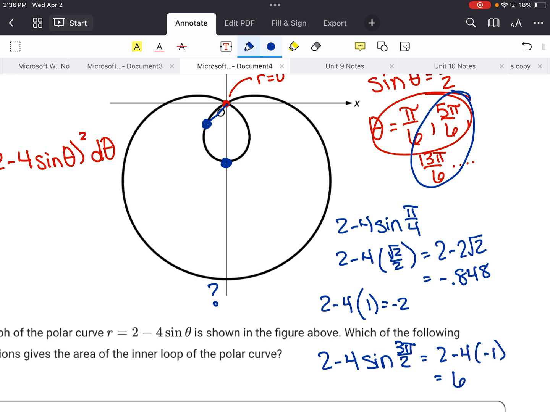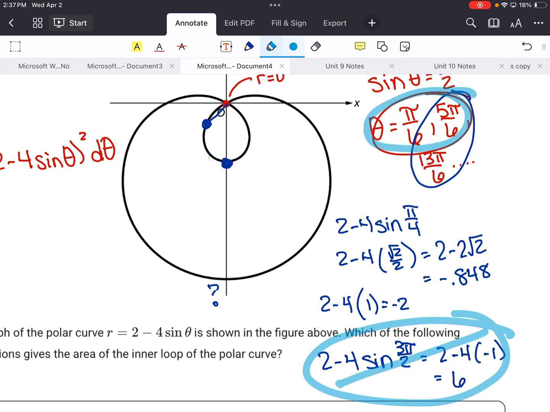So that would be 6. So that means at a 270 degree angle, go 6 units. So 6 units is bigger than 2 units, even though they're going the same direction. So now I can compare them to each other and say, oh, 3 pi over 2 is on the outside loop. I don't want that one.